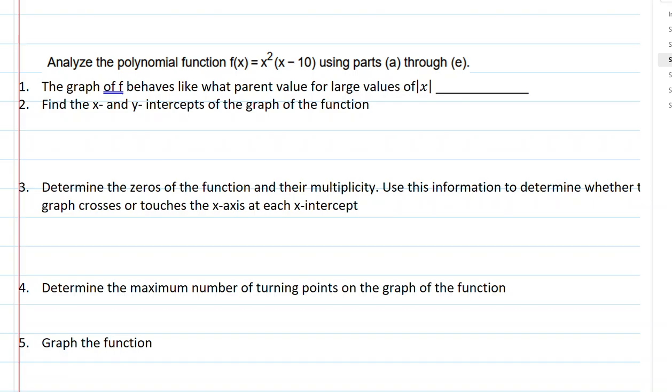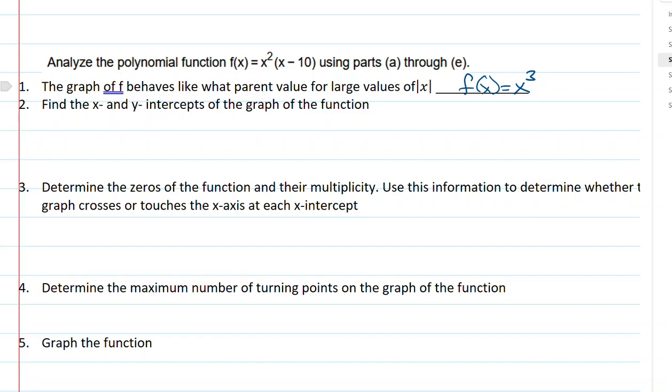And we're answering all of these questions. The graph of f behaves like the parent function for the large values of absolute value of x. In other words, the parent function does not have any signs. So it would be f of x or y, x to the third. So we know it's x to the third.